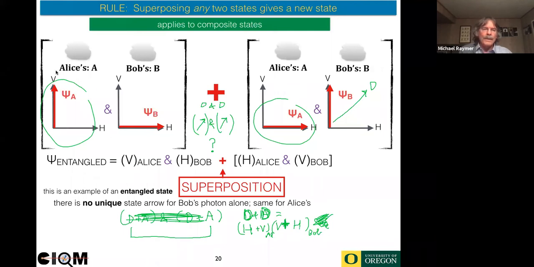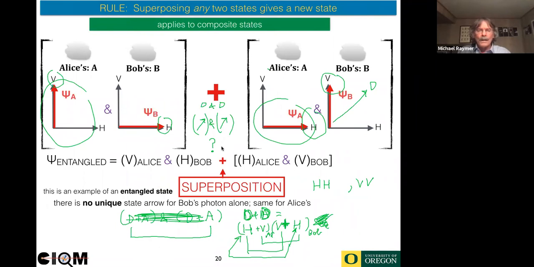So now we would see there's a combination of V and H. That is this one here, V and H. And over here we see a combination of H and V. So that would be this one, H and V. So that would be okay. But notice, this state that I wrote here also contains HH. It also contains VV. You can see it there, H, H. So what's up with that? That does not exist in this state.